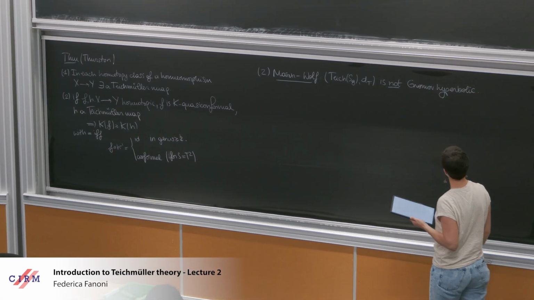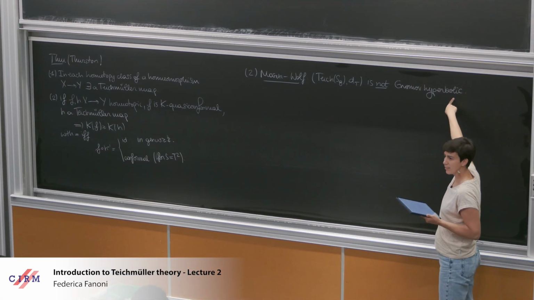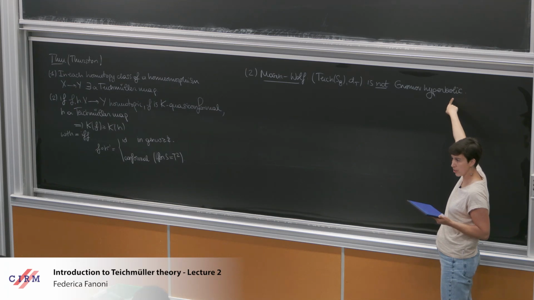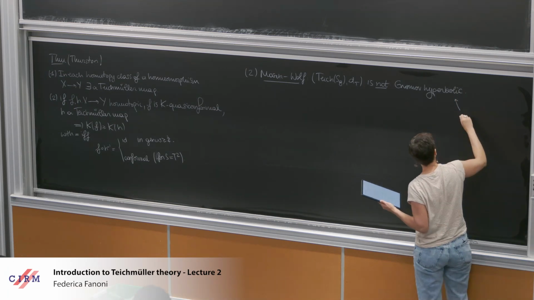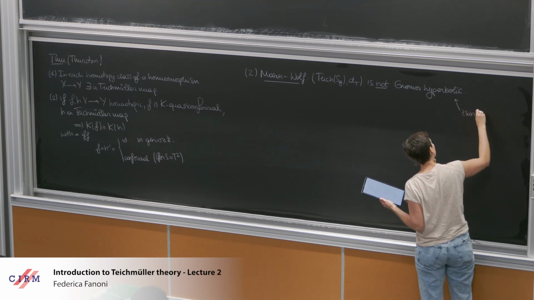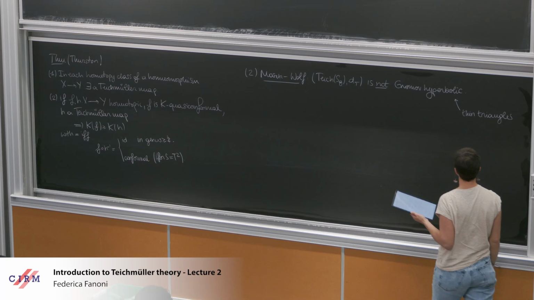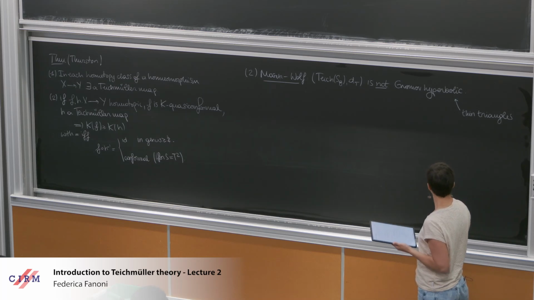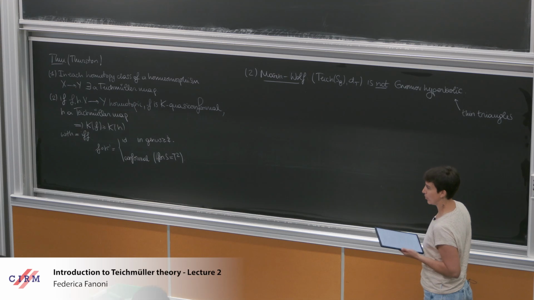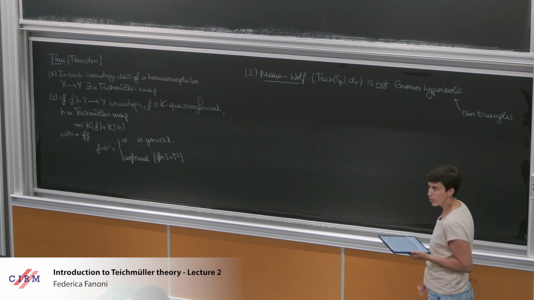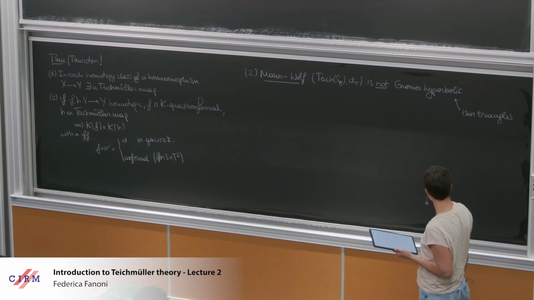Okay, so this was defined yesterday. It's a notion of negative curvature. The idea was that we had these thin triangles. In particular, if you have negative curvature, you will be Gromov hyperbolic, but you don't need to talk about curvature to talk about Gromov hyperbolicity.